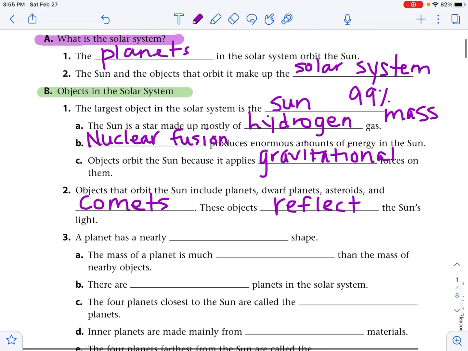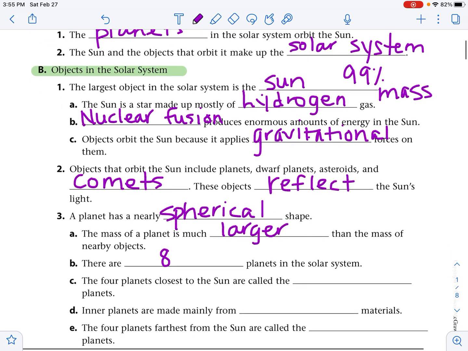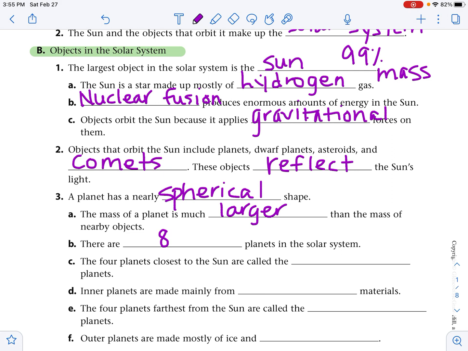A planet has a nearly spherical shape. Almost. The mass of a planet is much larger than the mass of nearby objects. There are 8 planets in the solar system. The 4 planets closest to the sun are called the inner planets.